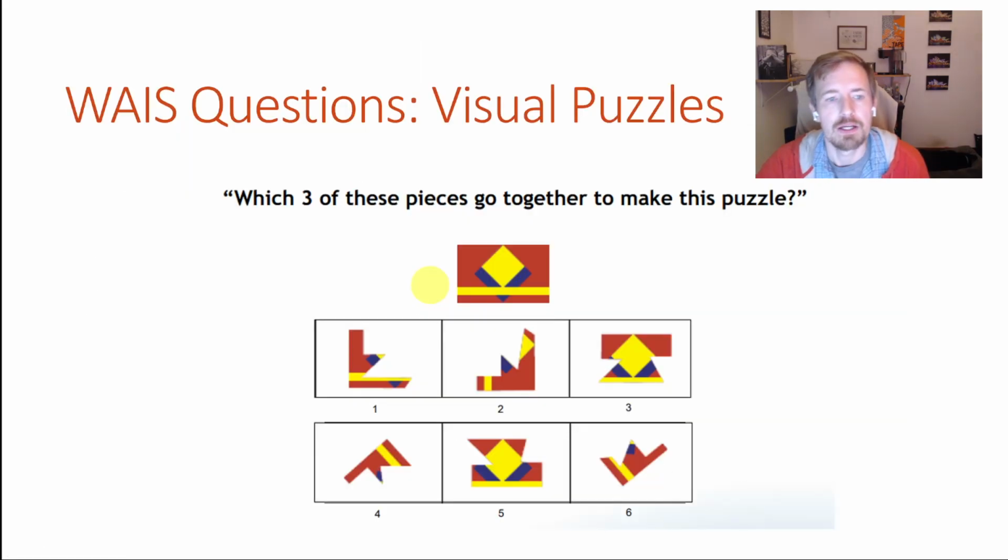All right. So here is an example of a working memory task according to the WAIS. If I were to ask you which 3 of these pieces go together to make this puzzle, you could study this image and then you can tell me which it is. I think it is going to be, which 3 images? I could be wrong.